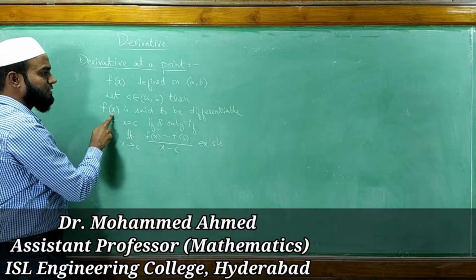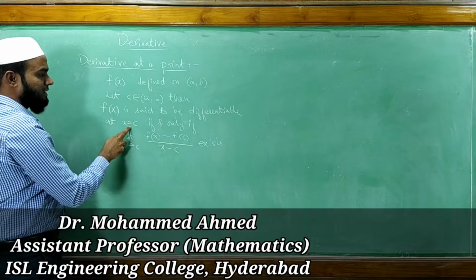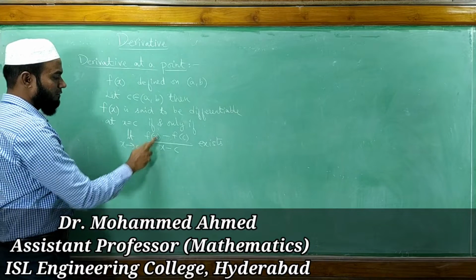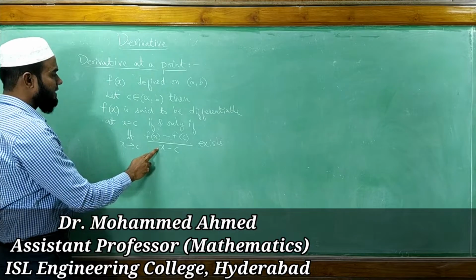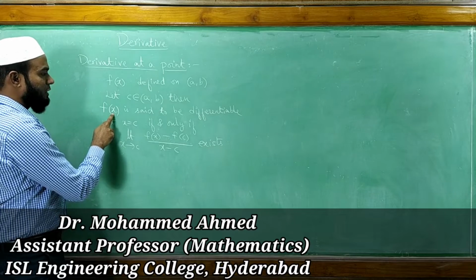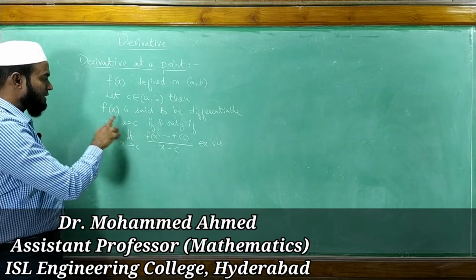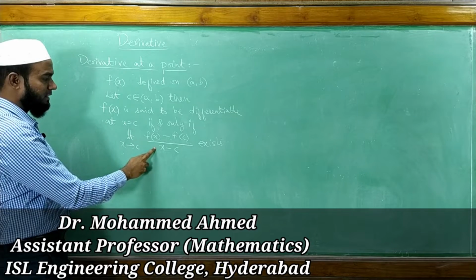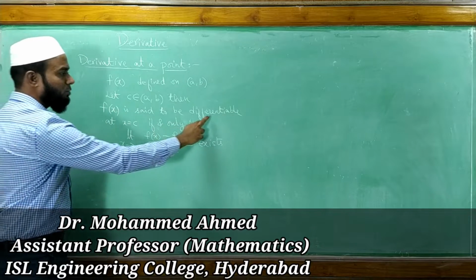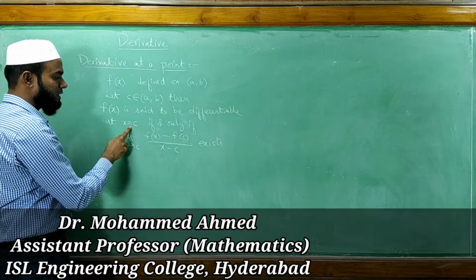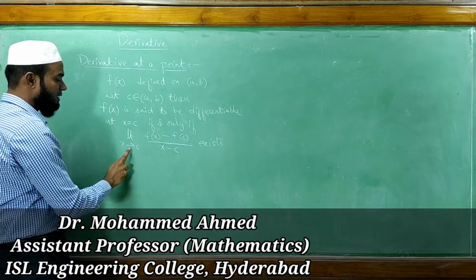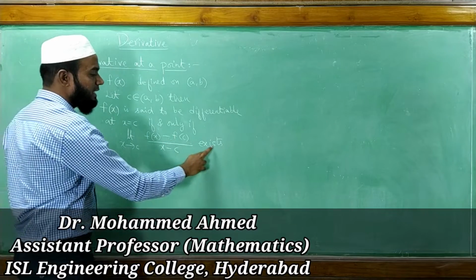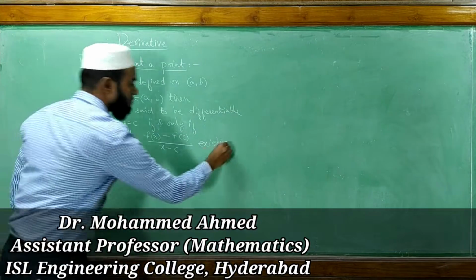The function is differentiable if and only if this condition is true, and vice versa, if the function f of x is differentiable, then this limit will exist. So f of x is said to be differentiable at the point x equals c if and only if the limit x goes to c, f of x minus f of c by x minus c, exists.